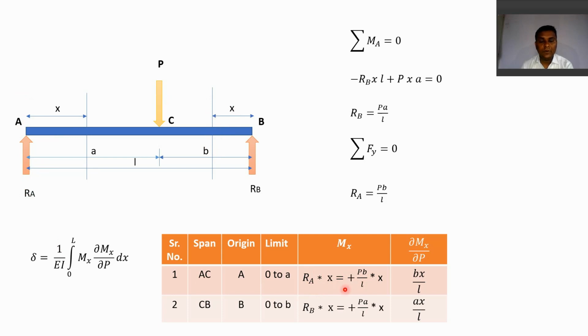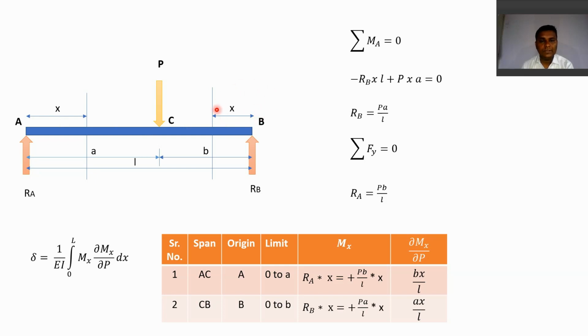Now similarly for part CB, we will try to get the equation of a bending moment. The first equation we obtained for bending moment, Pb upon L into x, is applicable only for part AC. Similarly for part CB, we take a section on the span CB, considering the origin as B. In this case it is convenient to consider the right hand side of the section instead of the left hand side, because we have considered origin from the right end.